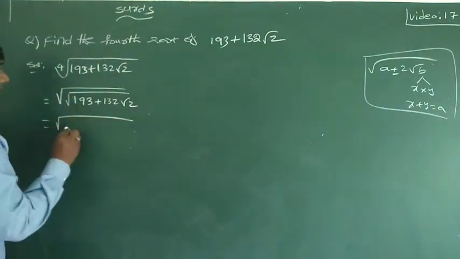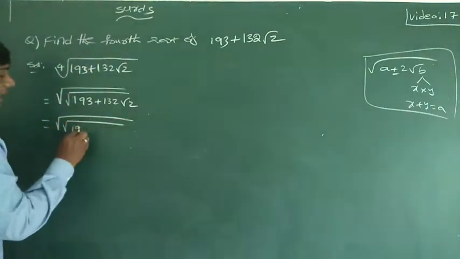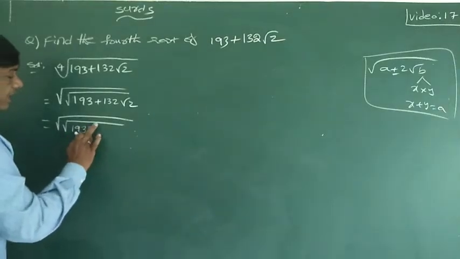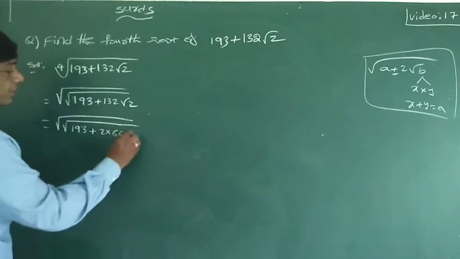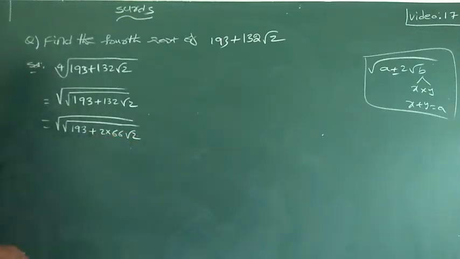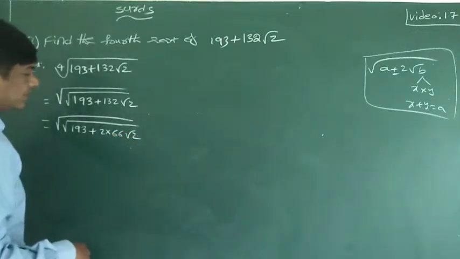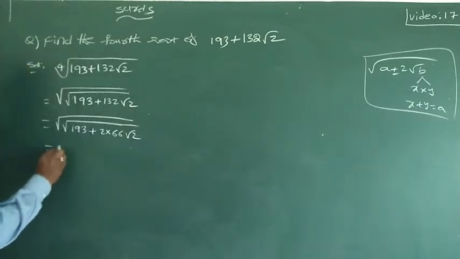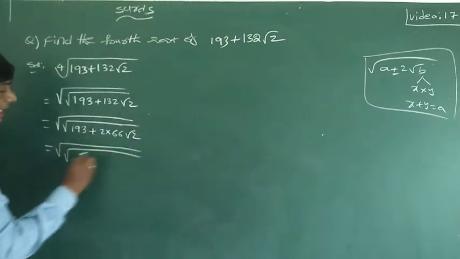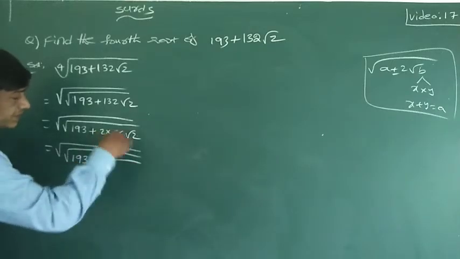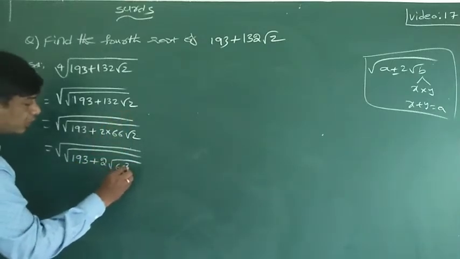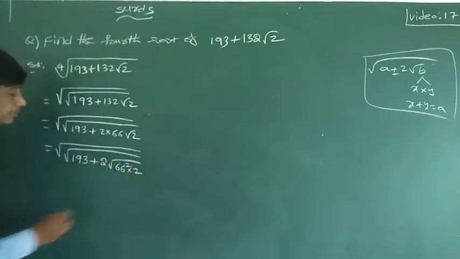So square root of 193 plus 2 into 66 into root 2. 66 2s: 2 6s are 12, 2 6s are 12 plus 1, 132. Now square root of 193 plus 2 into 66, take inside, 66 square into 2.